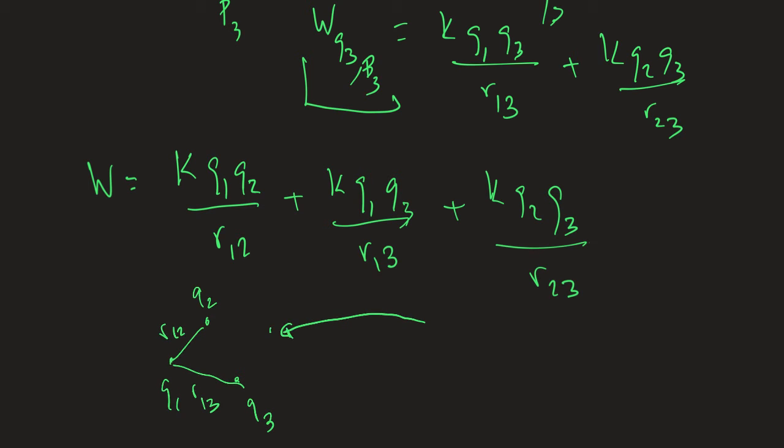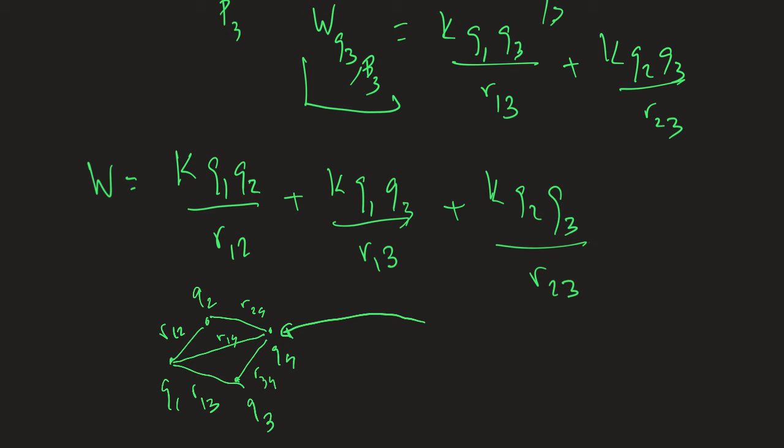You need to make another work to place the charge Q4 here. So the charge Q4 here will be at the distance R14 from charge 1, R24 from charge 2, and R34 from charge 3.